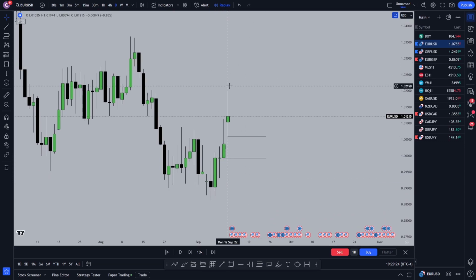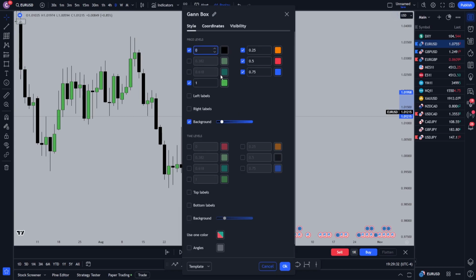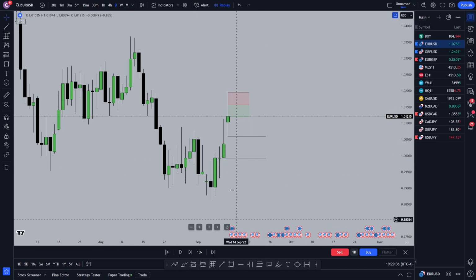Then where could price trade up to, to manipulate and then go down from? I'm looking at the 50% of this. So just put this to the 50. The 50% of this, around this level, looking for price to at least reach up into here.